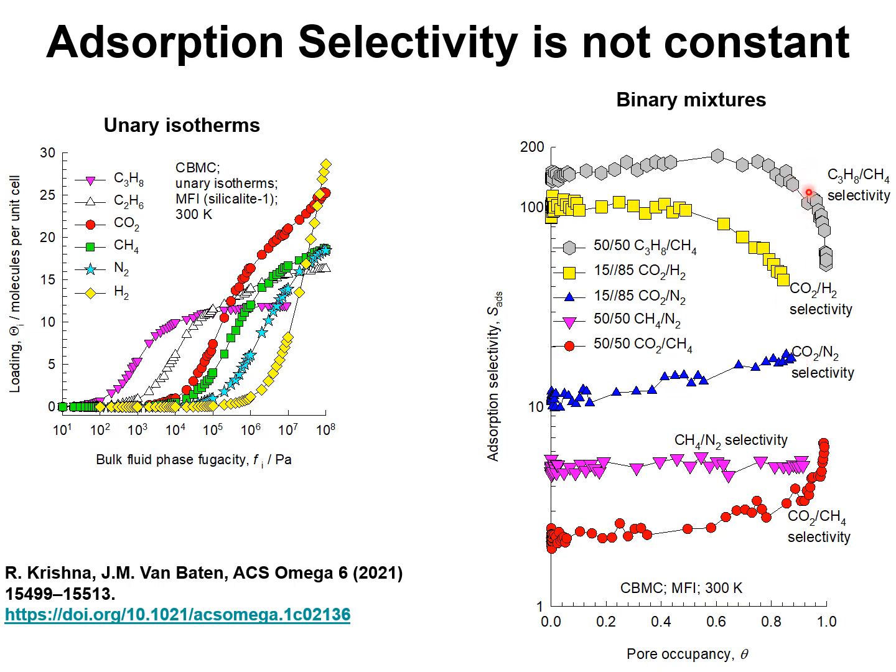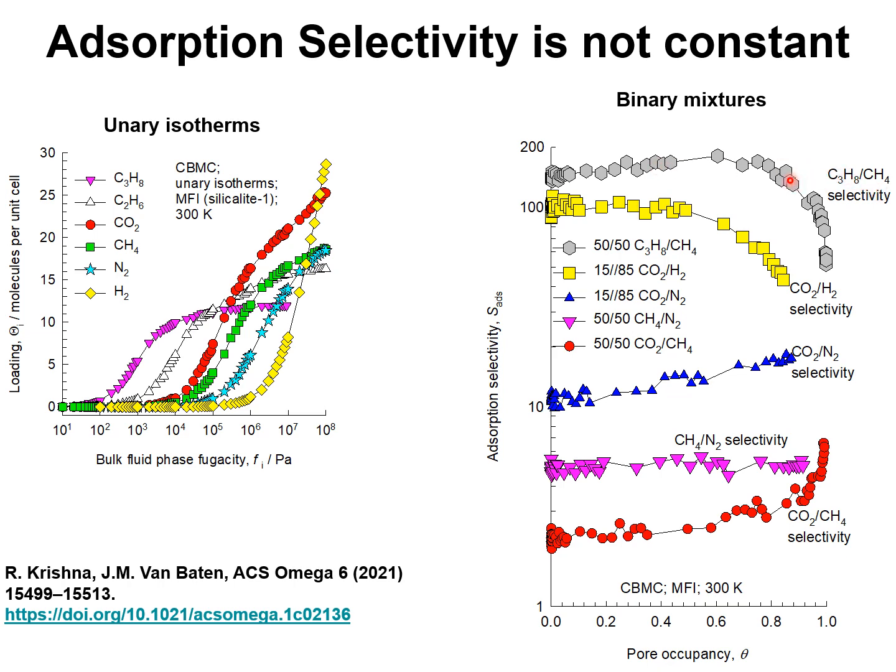Now we look at propane and methane. The saturation capacity for propane is about 12 molecules per unit cell. For methane it is about 18 molecules per unit cell. And at low pore occupancies, the selectivity is in favor of propane.